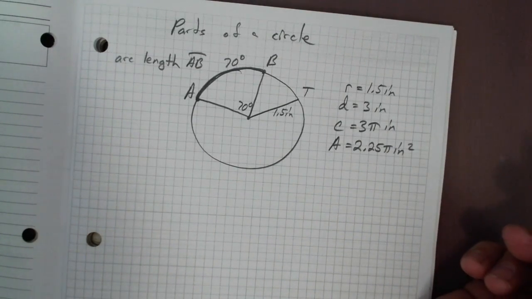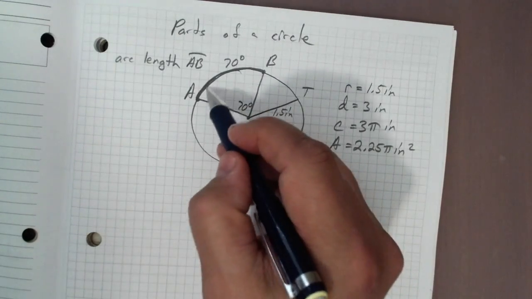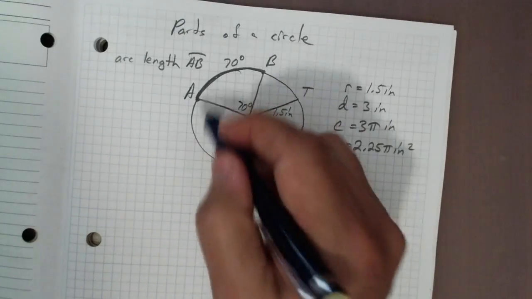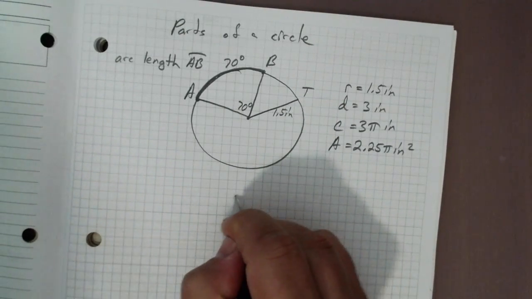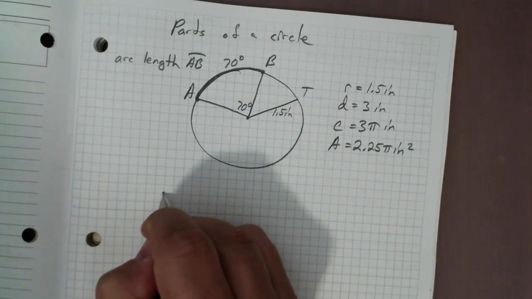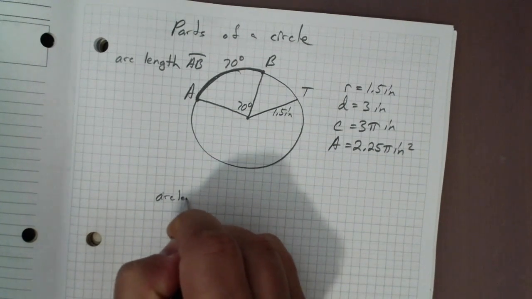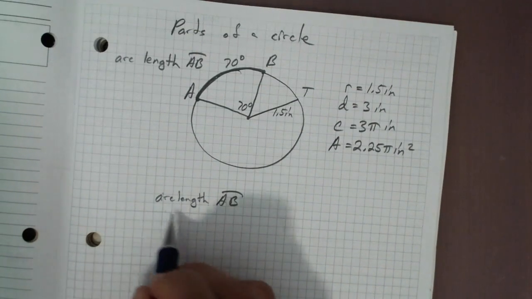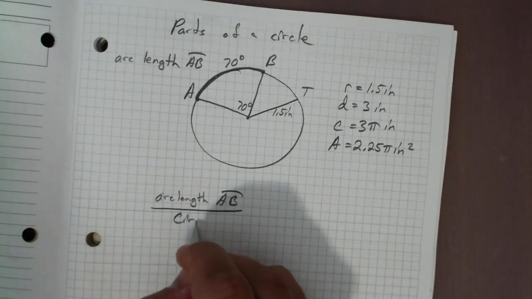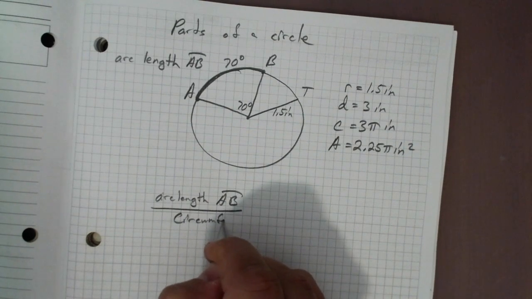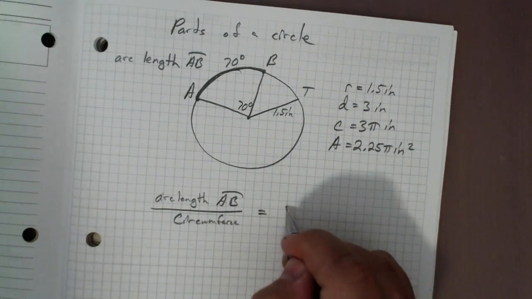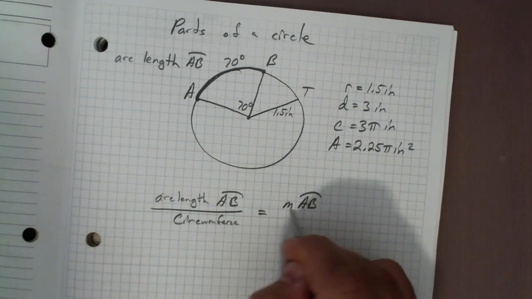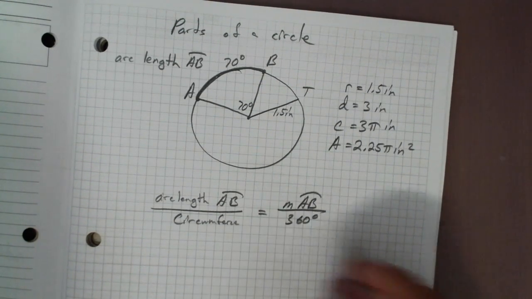So what we're going to talk about is the portion that is the length. Now the length is relative to the whole circumference. So we know the measurement. So when we talk about the arc length from A to B, it is going to be relative to the circumference, and it's going to be the same proportion as the measurement of our arc AB is to 360 degrees.